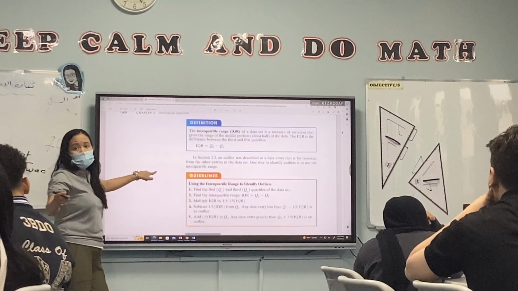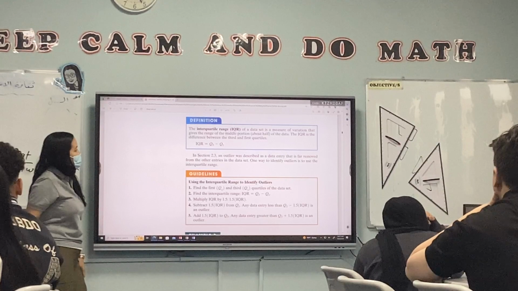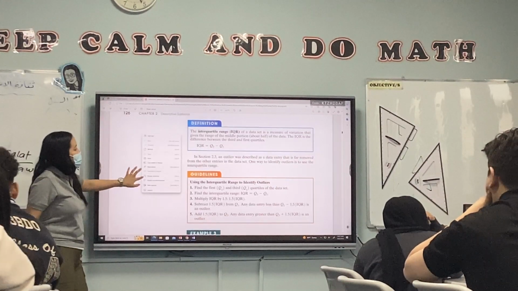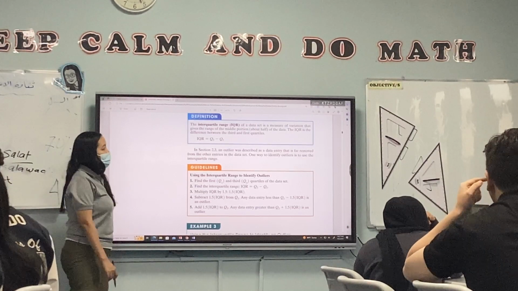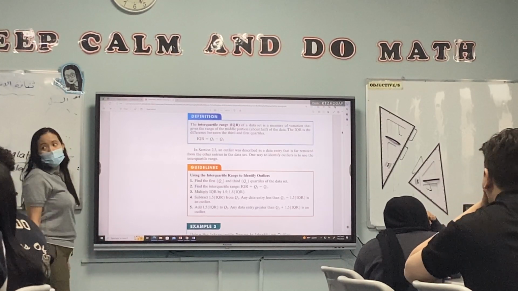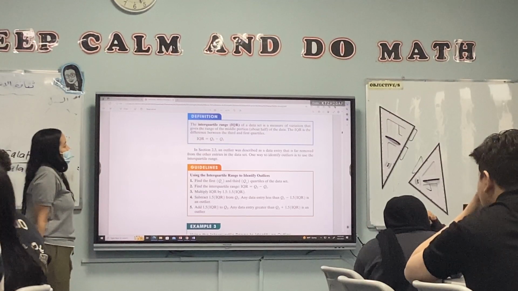Okay, this is what we're talking about, interquartile or interquartile range. So for the interquartile range you have a formula, but this is a simple formula. So, will you please read the interquartile?